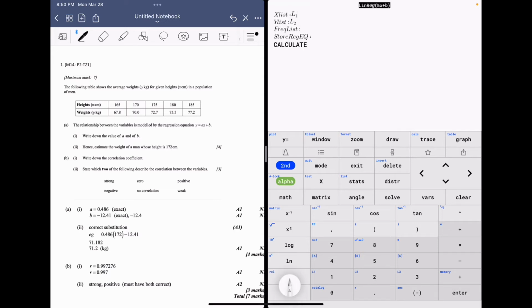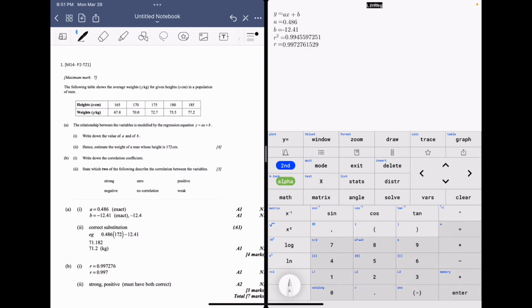Check your x list value, that is height, is in L1, yes. Y list value, that is weight, is in L2, yes. Do not enter anything in frequency list or RegEQ. Just press enter, the cursor will move on, and when it is calculate, press enter.